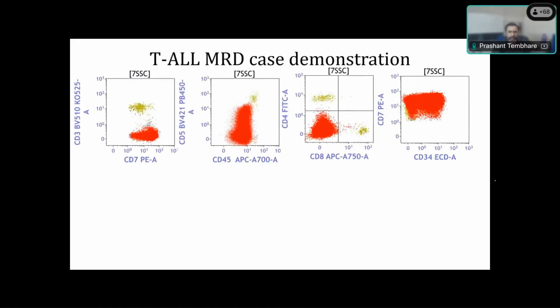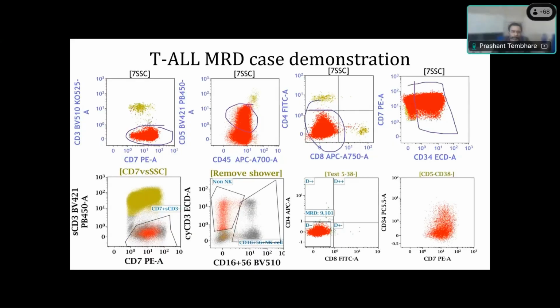Just to show you an example, this is a diagnostic case. You can see in the diagnostic case CD7 was positive, surface CD3 was negative, CD5 was partly positive, CD4 and CD8 were double negative, and even CD34 was positive. Now, when the MRD came for this patient, we removed normal T cells by identifying surface CD3.